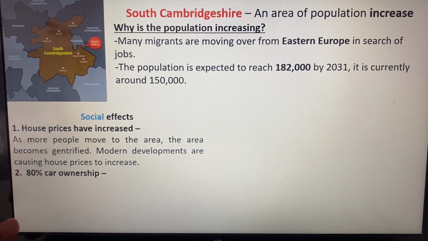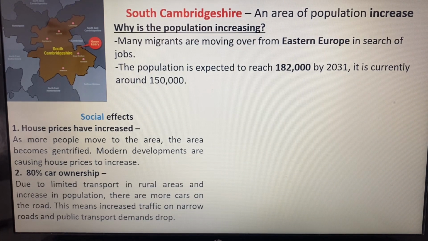Another mark you could point plus develop is that ownership of cars has increased. It's a rural area still, so not much public transport. If there's not much transport, most people are going to be owning cars, and that could also increase traffic, and that could really upset locals, with people not happy in an area that's too congested with cars.